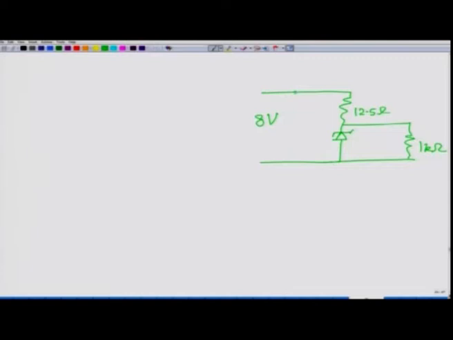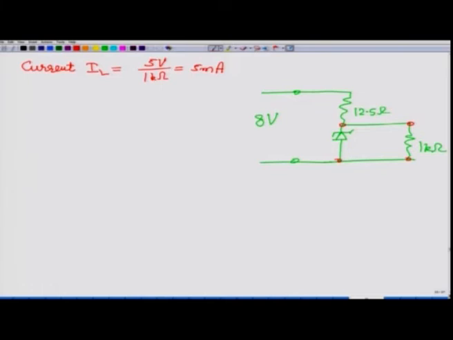So, if this drops to 8 volt, what happens? The potential here remains 5 volts. So, the current in the load, IL, is still 5 volts divided by 1 kilo ohm. It remains the same, and that current, 5 milliampere, will remain the same.